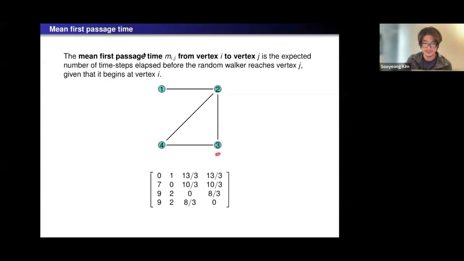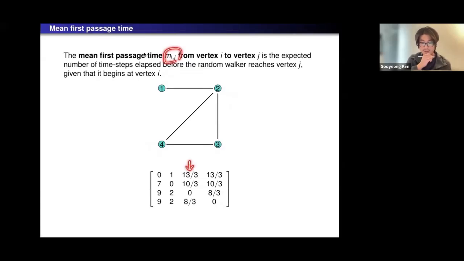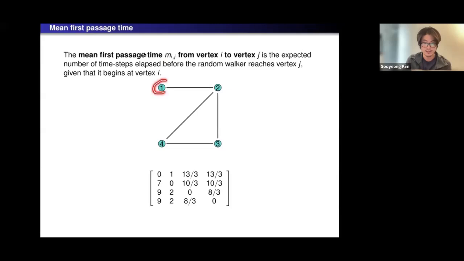For instance, we consider this graph, and the matrix below is about mean first passage times. M_ij corresponds to the entries in the matrix here. When the random walker starts from 1, there's only one single path to get to 2. So by only one step, this person can get to 2. That's why this number is 1, M_12.